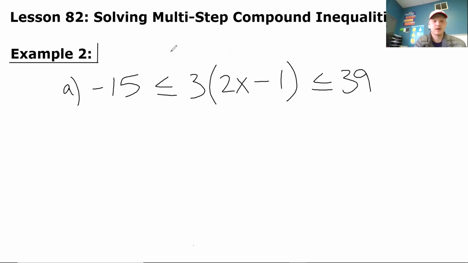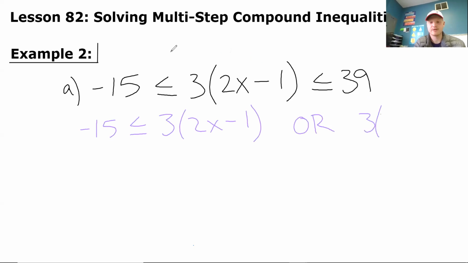So I have negative 15 is less than or equal to 3 times 2x minus 1, or I also have 3 times 2x minus 1 is less than or equal to 39.